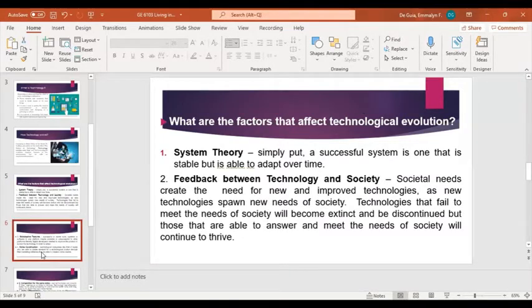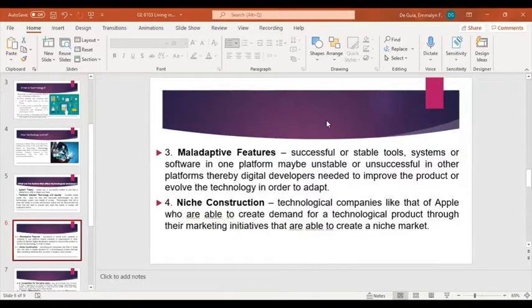Another factor is maladaptive features. Successful or stable tools, systems, or software in one platform may be unstable or unsuccessful in other platforms. Thereby digital developers need to improve the product or evolve the technology in order to adapt. So here, there might be features that need to be developed.